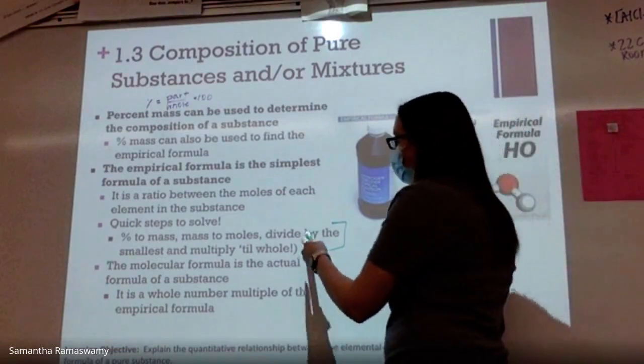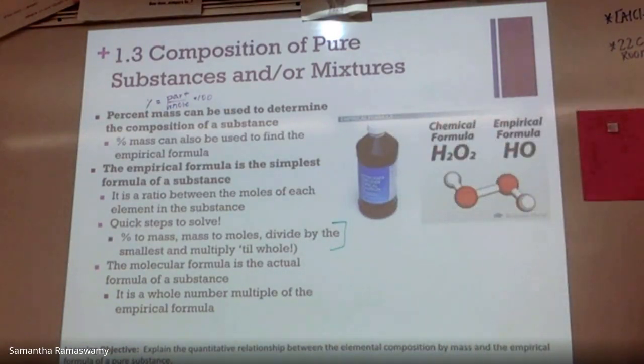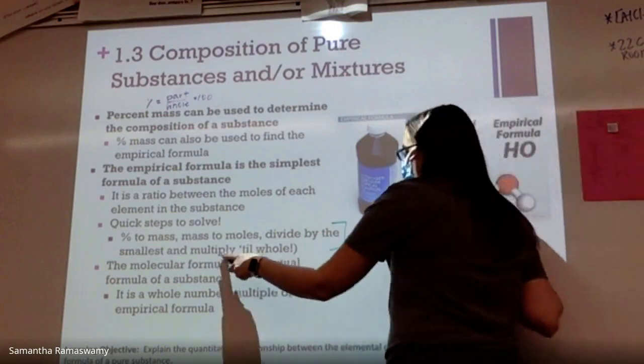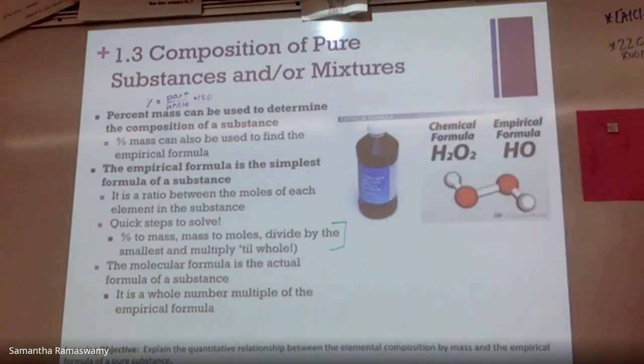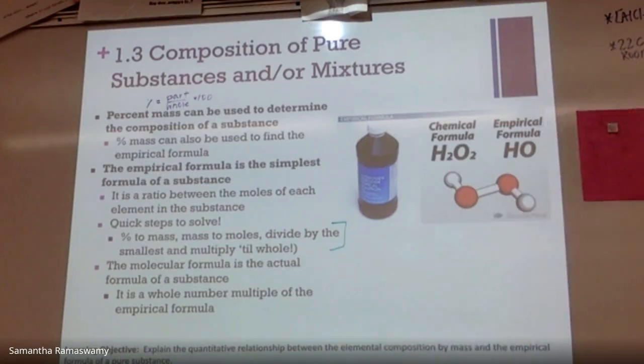If you do not get whole numbers, or something close, you multiply until you get whole numbers. If you get 1.25, you multiply everything by 4. If you get 1.5, you multiply everything by 2. This is how you find an empirical formula.